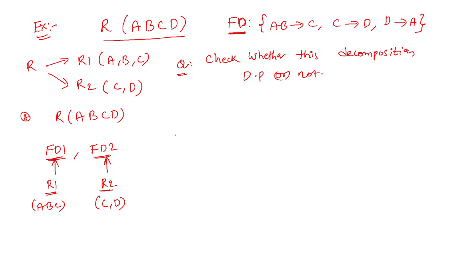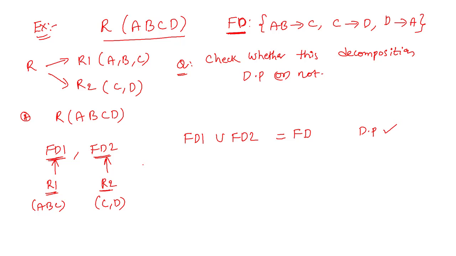Now if I can get FD1 union FD2 is equal to FD, from this functional dependency, we can say that dependency is preserved.